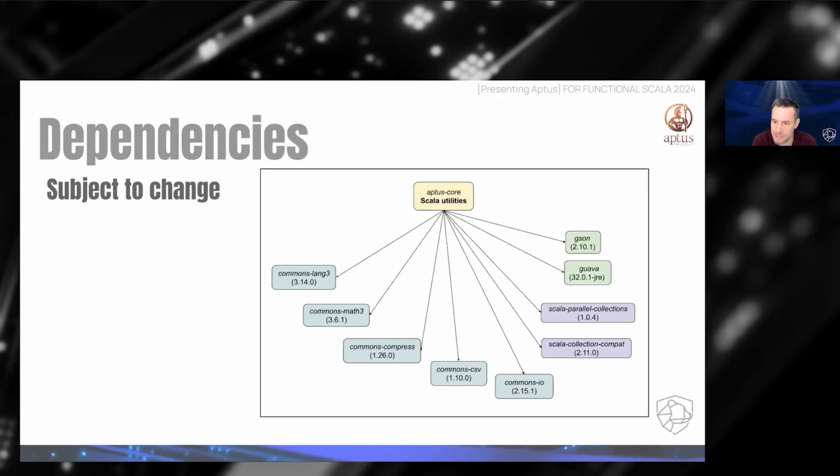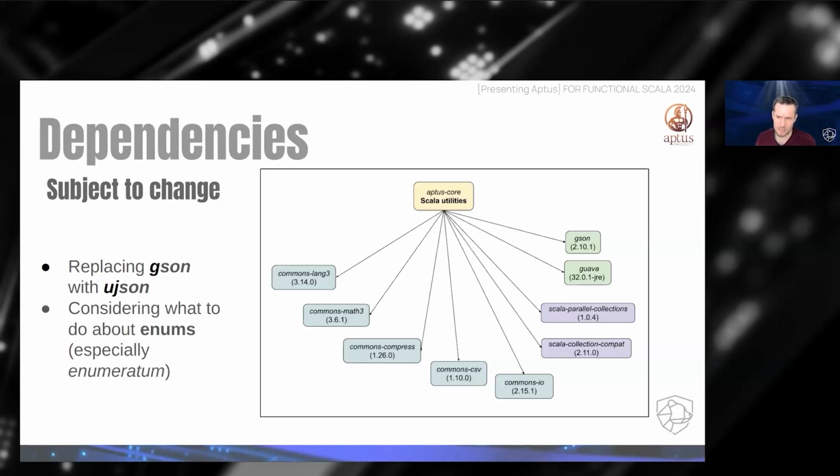So these are the current dependencies that are in place. It's a little bit heavy, but I find that it's difficult to get anything done without those. However, I am replacing JSON with uJSON as it's becoming more ubiquitous in Scala. I believe it's now the de facto JSON library in the Scala Toolkit.